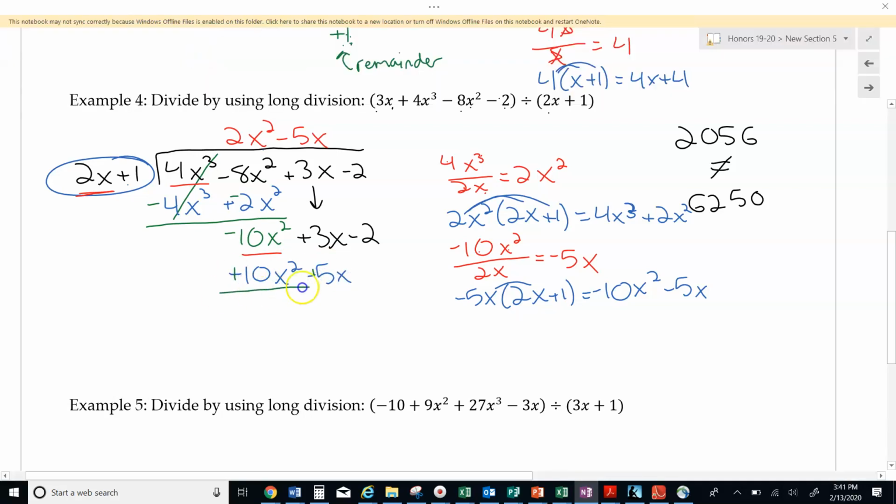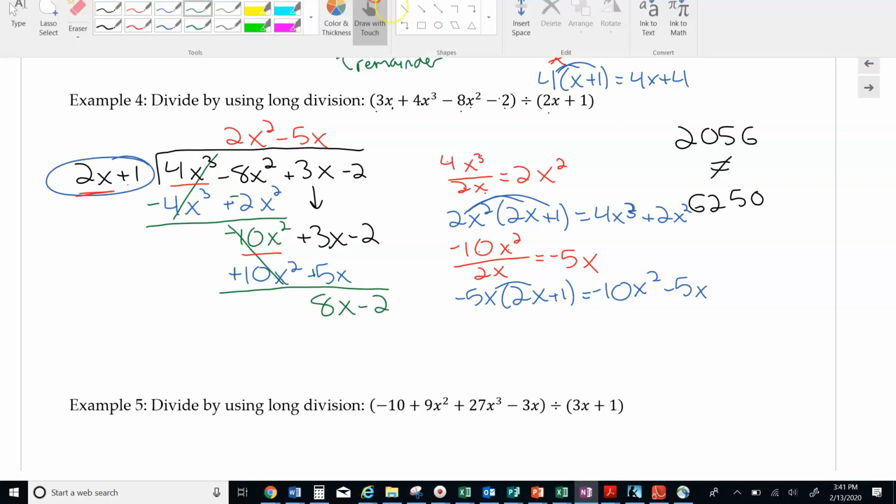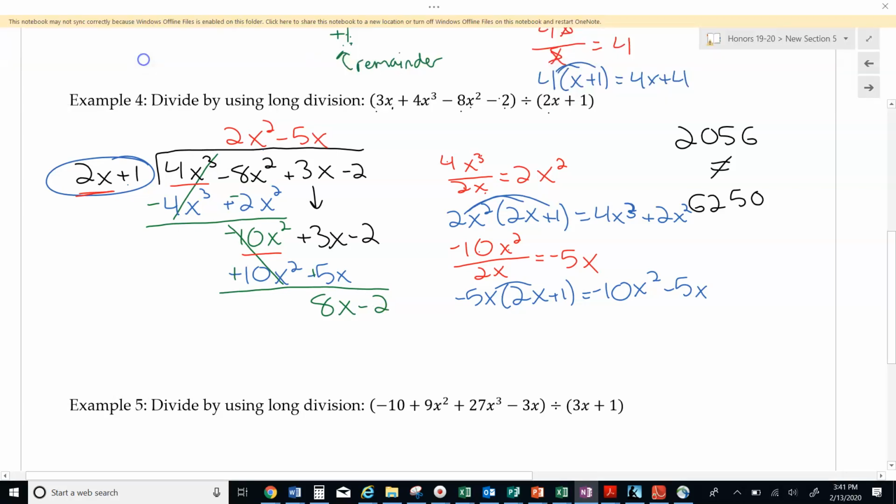Changing signs. Negative 10x squared cancel. 3x plus 5x is 8x. Divide. 8x divided by 2x. 8 divided by 2 is 4. My x's cancel.